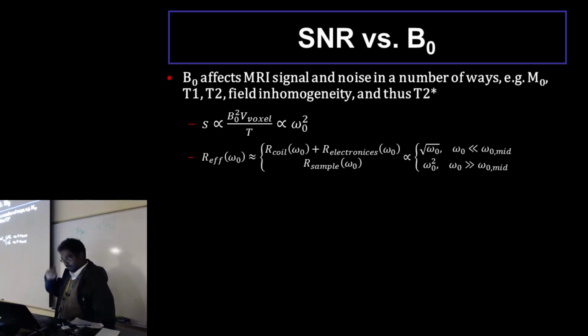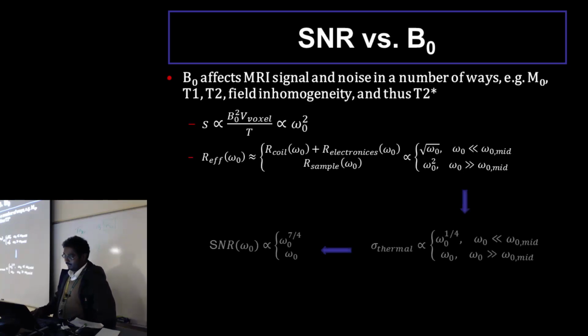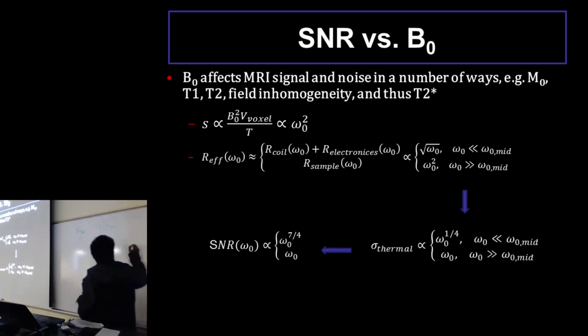Remember the expression, right? So it's this R that we're talking about. That R effective is proportional to omega naught in the medium frequency case, but it's omega naught squared if you are greater than the mid frequencies. Now, as you know, this is proportional to sigma squared.